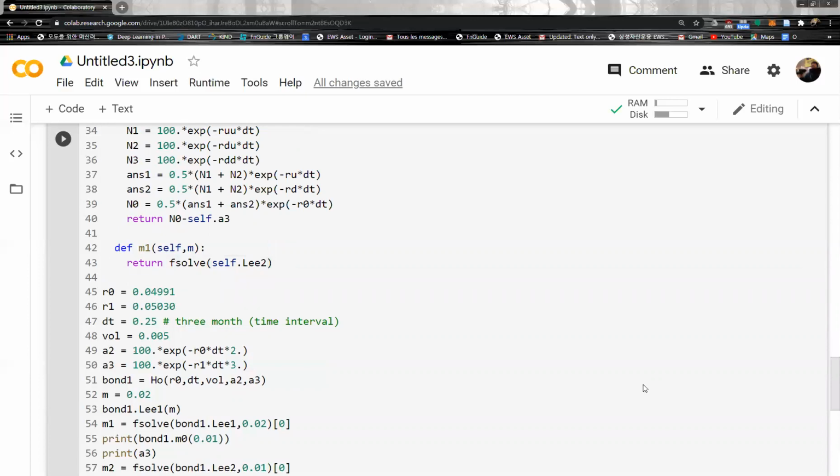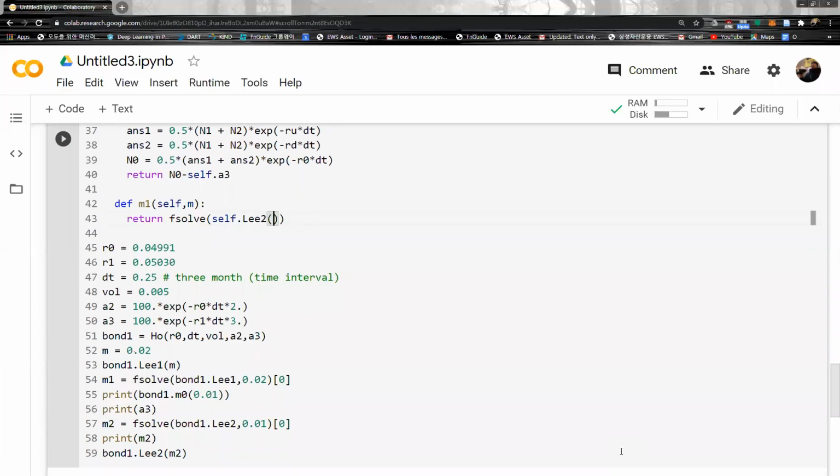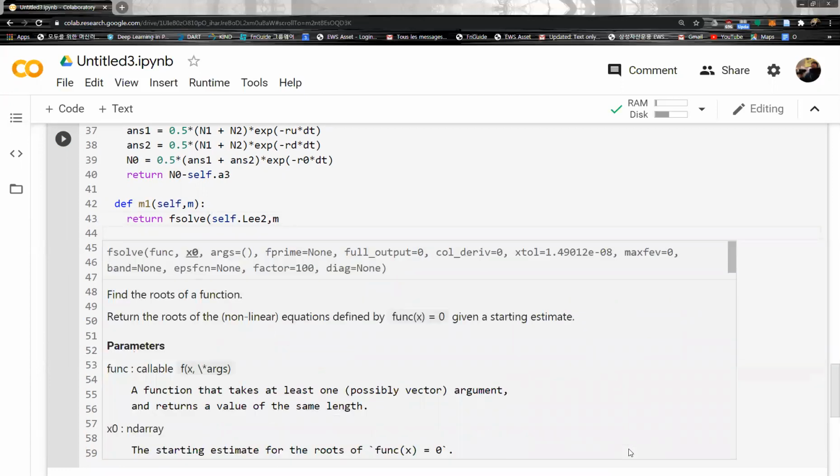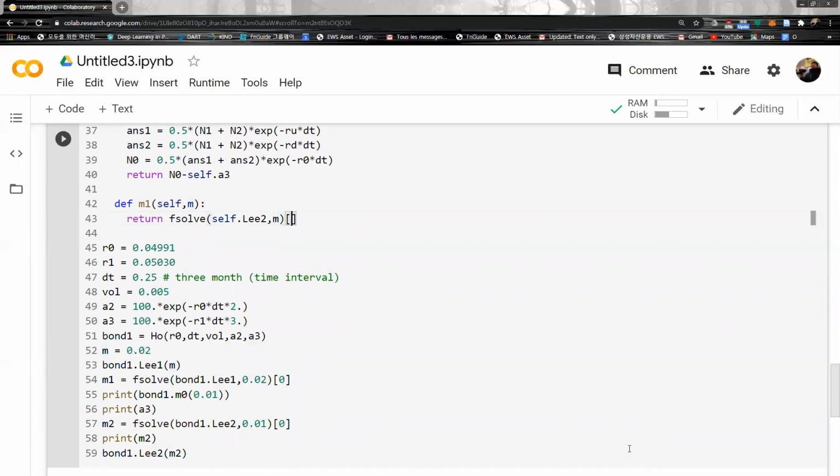Self Li 2. And then we can put some initial guess, which is M, and then we can pick just the first argument.